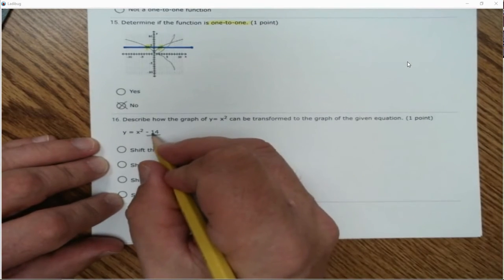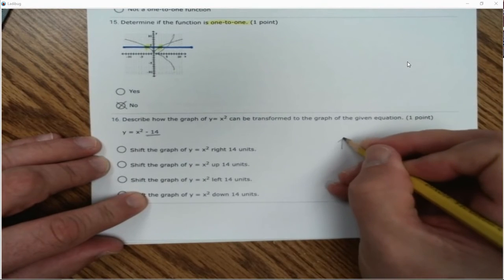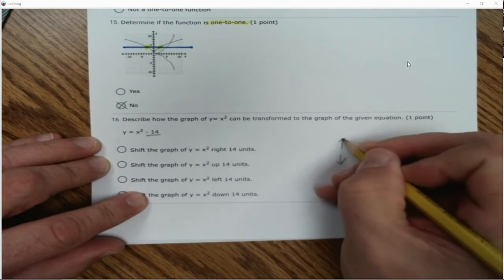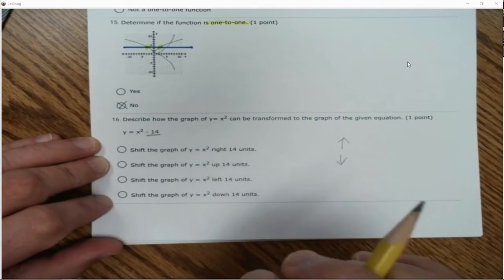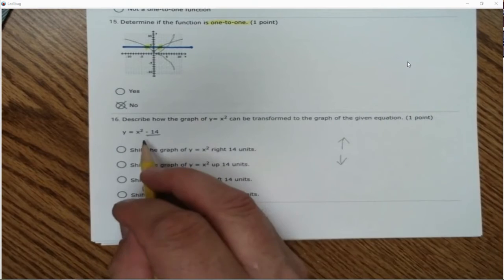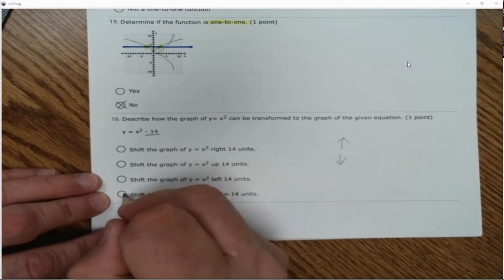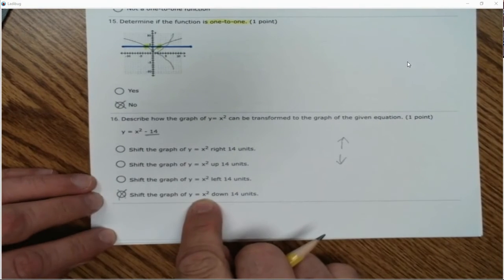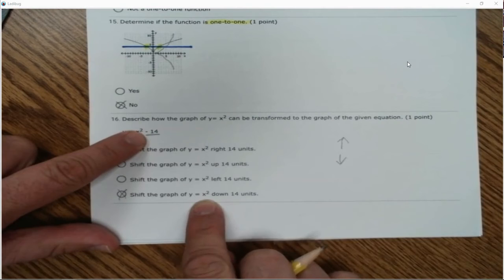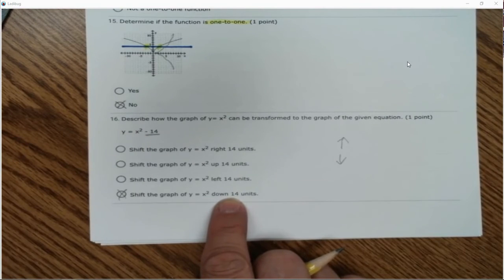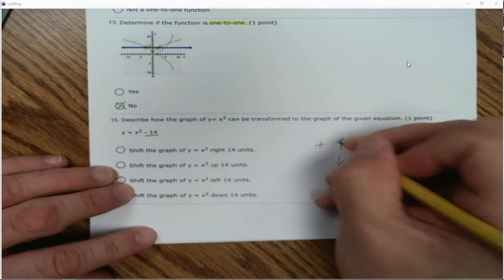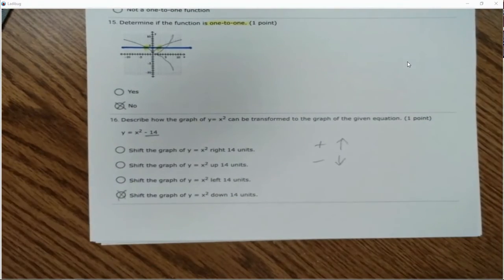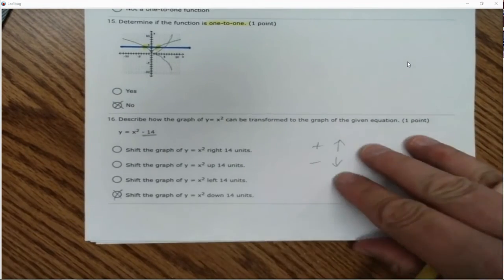This affects the y. It moves it up or down. A constant outside at the end. Since this is a negative number, it's going to take the original x squared and shift it down 14 units. Plus would shift it up, negative shifts it down 14 units.